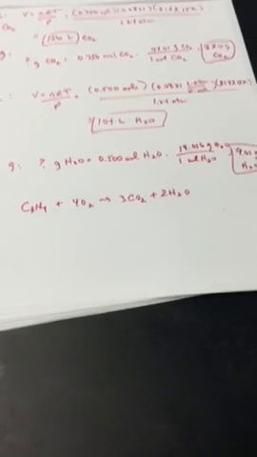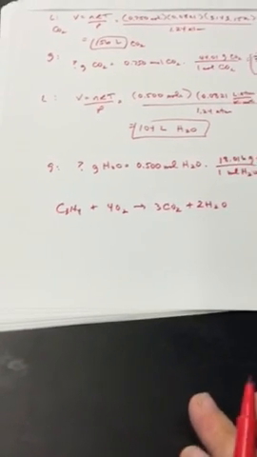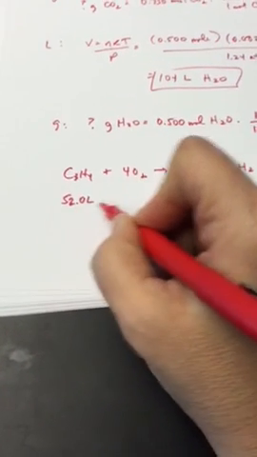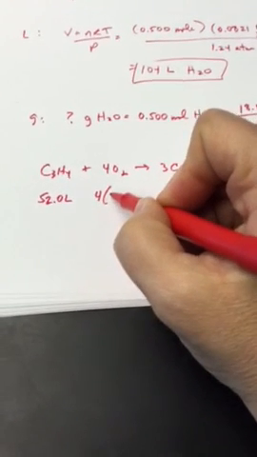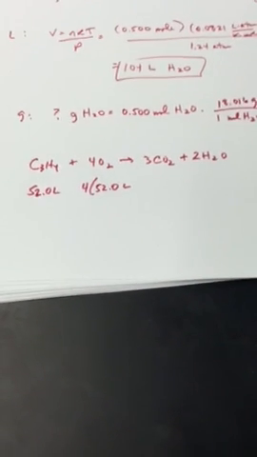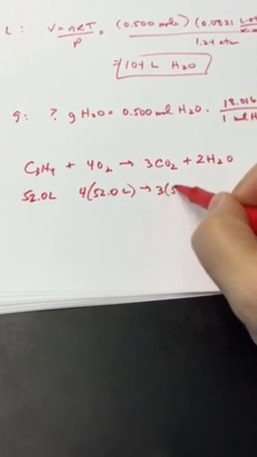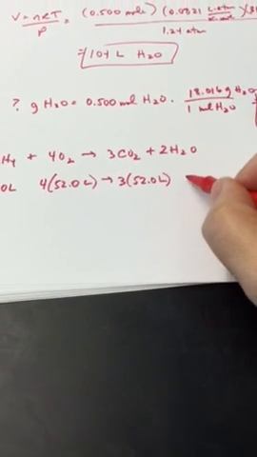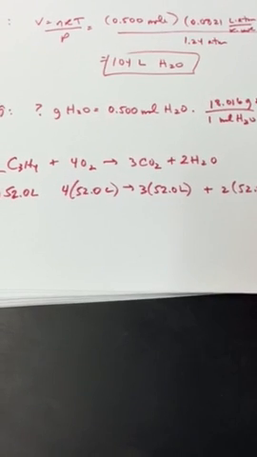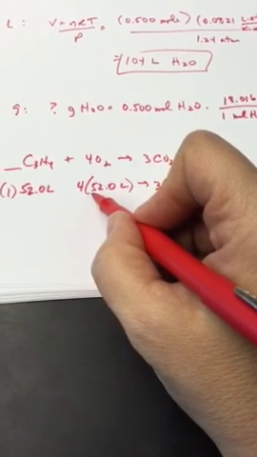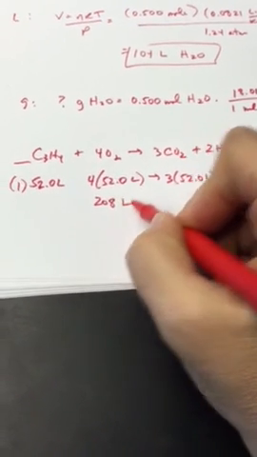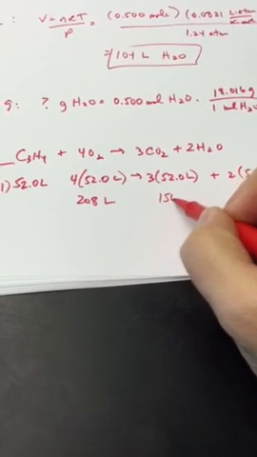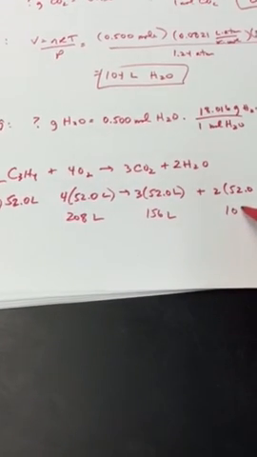Since volume is strictly based on molar ratio, not on the identity of the gas, unlike molar mass, if these are all at the same conditions of temperature and pressure, if this is 52.0 liters, then that's going to react with 4 times 52.0 liters to make 3 times 52.0 liters, because this is a molar ratio of 1 to 4 to 3, plus 2 times 52.0 liters of water. 4 times 52 is 208 liters. 3 times 52 is 156 liters. And 2 times 52 is 104 liters.